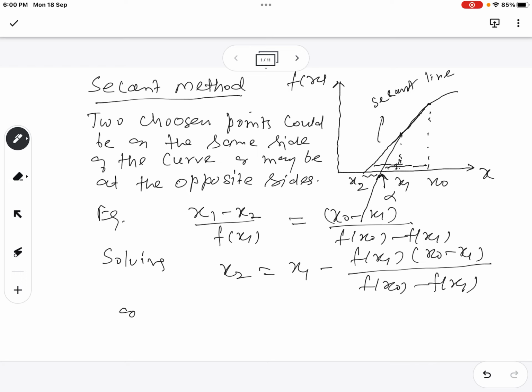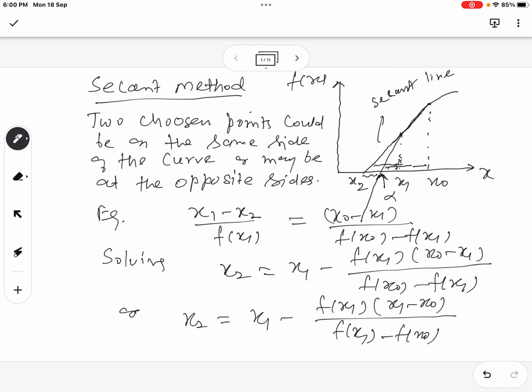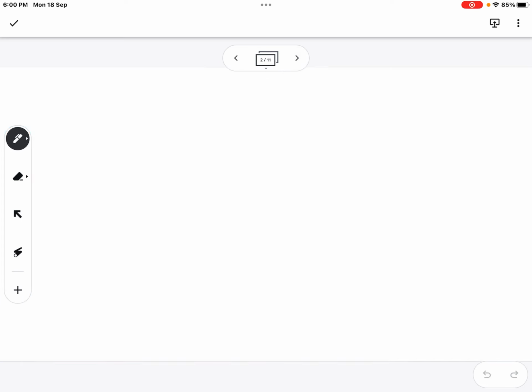Or we may also write it as x2 equals x1 minus f(x1)(x1 minus x0) by (f(x1) minus f(x0)). Now the same method may be repeated and we can find the next approximation.